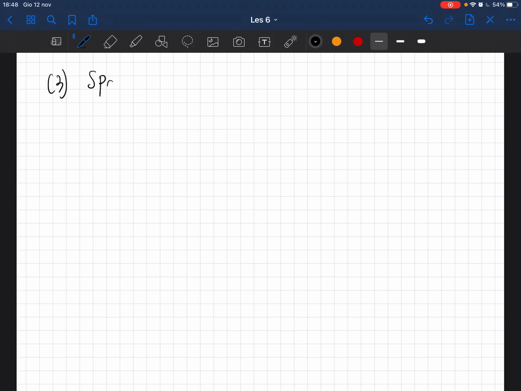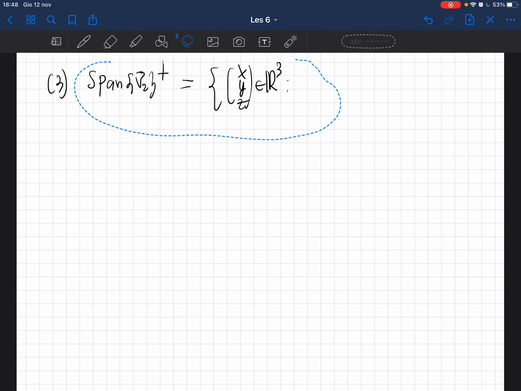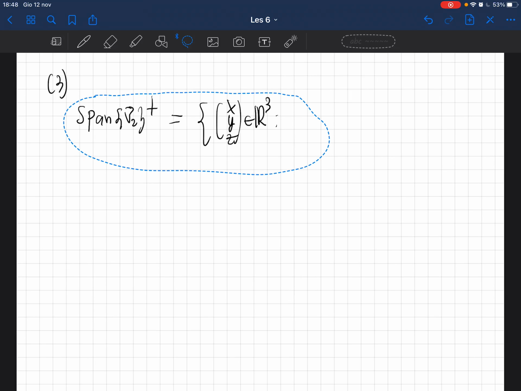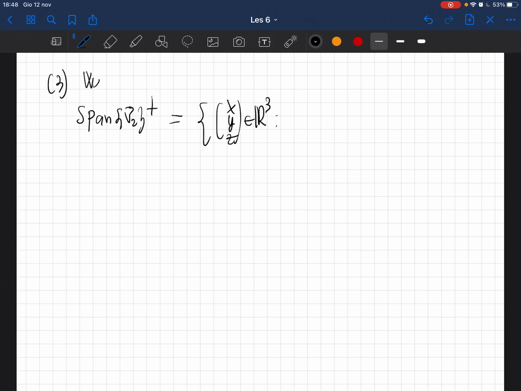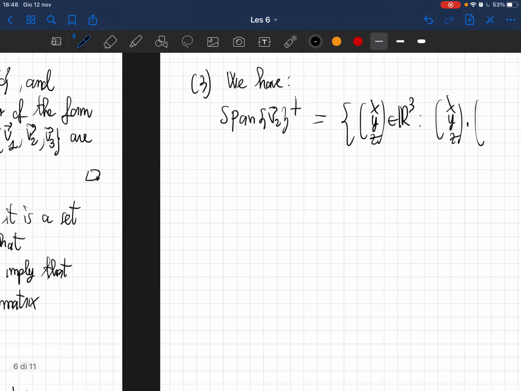Okay, span of this orthogonal is, well, let's not be so abrupt. We have, let's write. I mean, it's nicer if one writes and so when you read, it's not just like formulas and nothing else. Okay, like this.